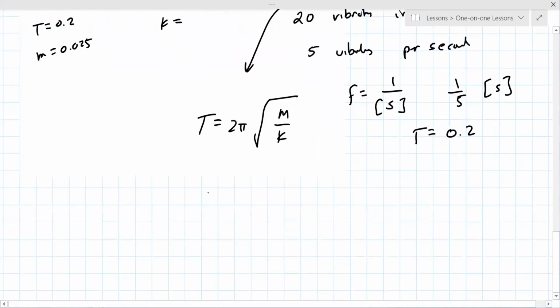So to solve this for k, m over k equals T squared over 4 pi squared. So k equals 4 pi squared, and then m over here on the top, over T squared.